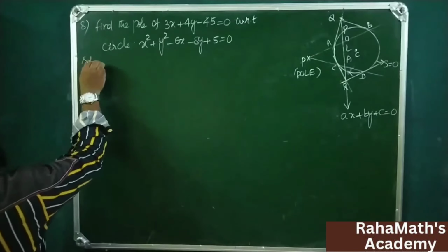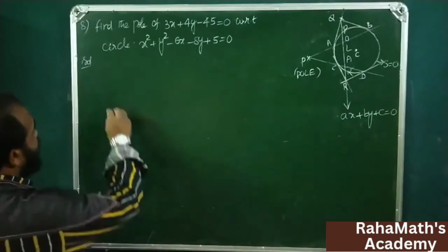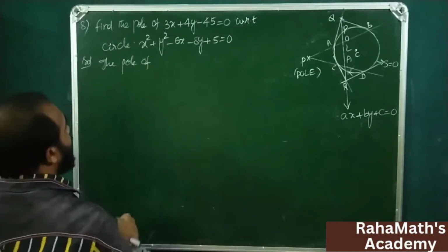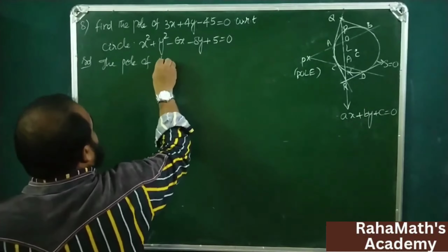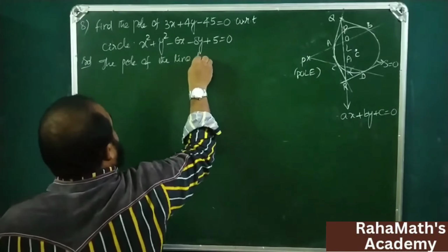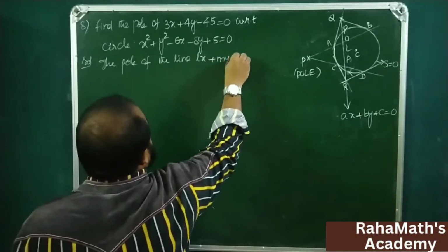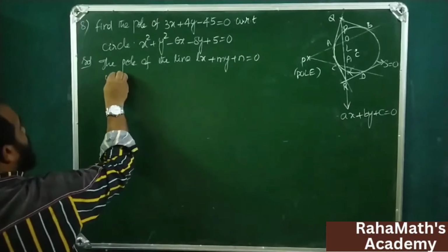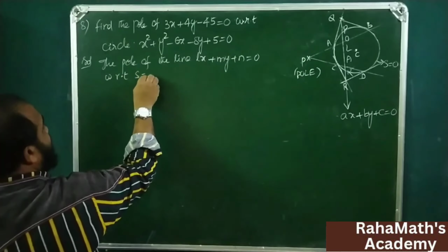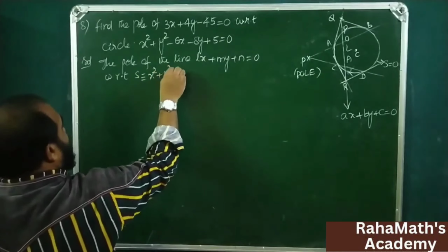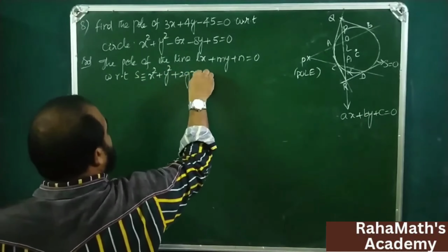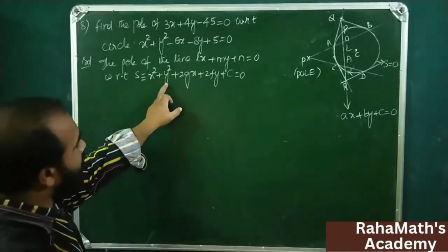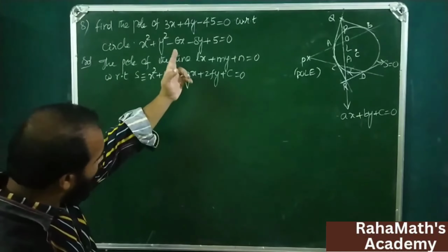So in the last problem we discussed the pole of the line lx plus my plus n equals 0 with respect to circle S, the general equation of the circle, x square plus y square plus 2gx plus 2fy plus c equals 0. In the last problem it was x square plus y square equals r square, which is the standard form of the circle.